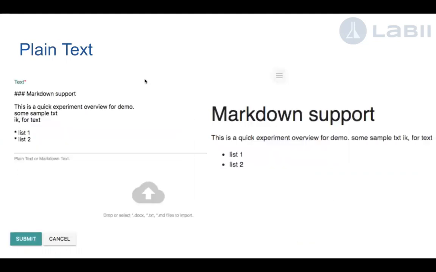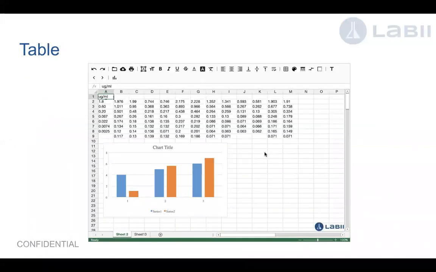And then we also have a plain text widget, which is usually for developers if they want it even lighter and they know how to write markdown. So this is markdown support. You write down some text like this, and it will display in the right format for you, just like on the right side. And then of course we support all the table functions, including pictures, formulas, everything.